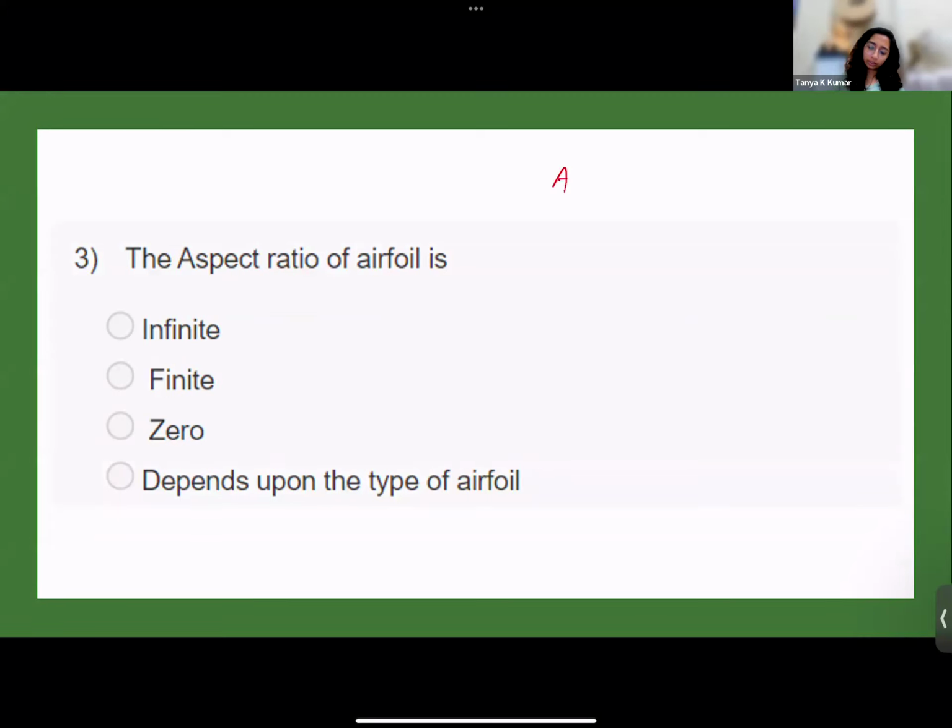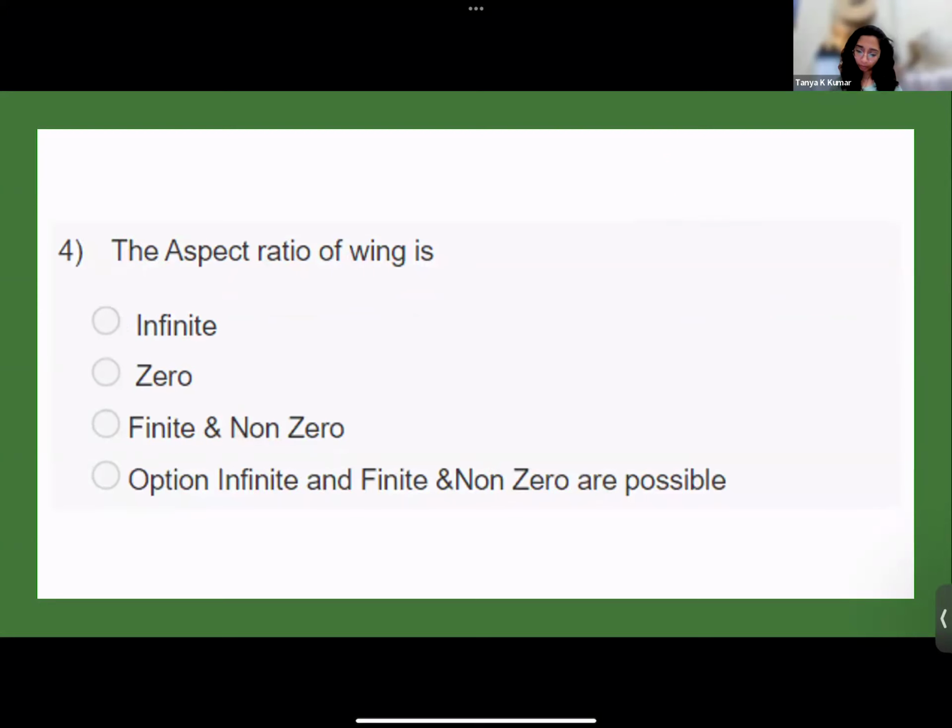Aspect ratio is b squared by S, yes, it's infinite, because the span of an airfoil is infinite. The aspect ratio for a wing is the opposite of that, finite and non-zero. Correct? Aspect ratio cannot be 0 because you have wings of some finite length.